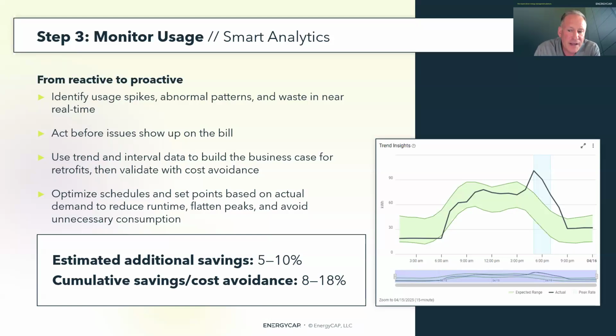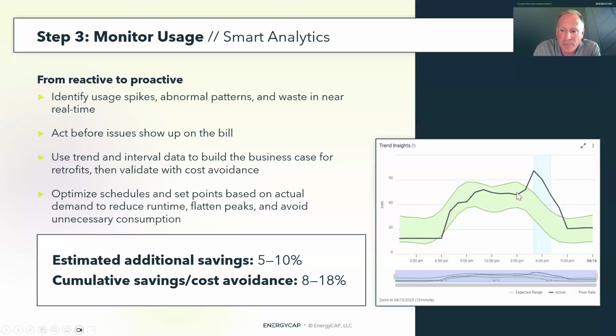Let me back up: along the left-hand side, the y-axis, is energy use, and across the bottom is one 24-hour period. So the green area is where the usage should normally fall based on history, and the black line going across the graph represents the actual usage or demand on the building.